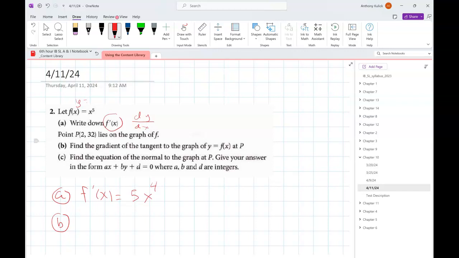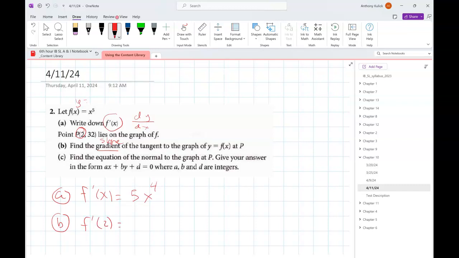What does gradient mean again? Okay. So we have an equation that gives us slope, right? What's that equation? It's the derivative. Okay, what specific x value do we want the slope at? 2, because that's the x value from P. So what am I going to do?